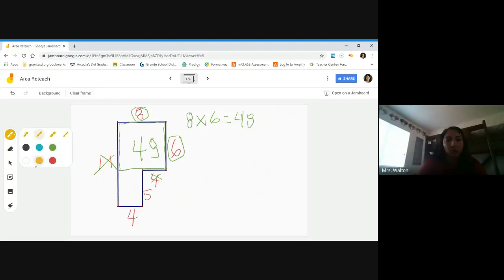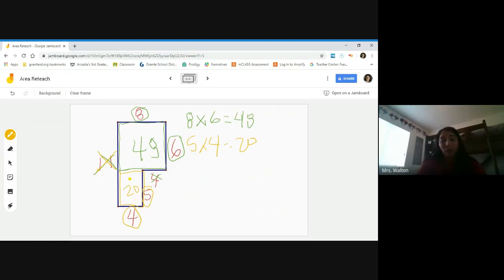Let's change colors and partition this chunk off. We don't need to go up here anymore because we already figured that out, so we're going to go here. Once again, 11's over here. It's this whole line of green and yellow, not just the yellow, so we can't use 11, but we can use 5 and 4. 5 times 4 is equal to 20.